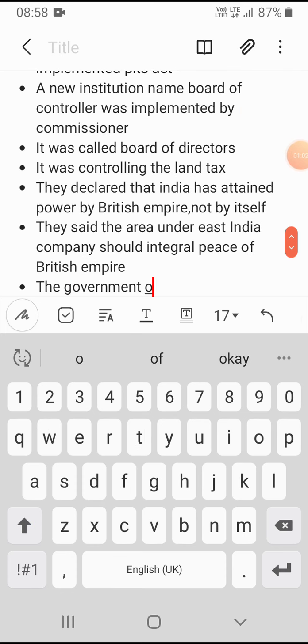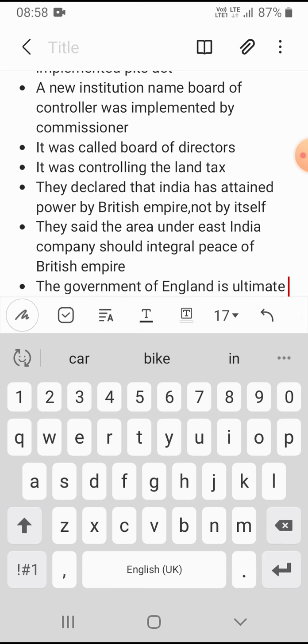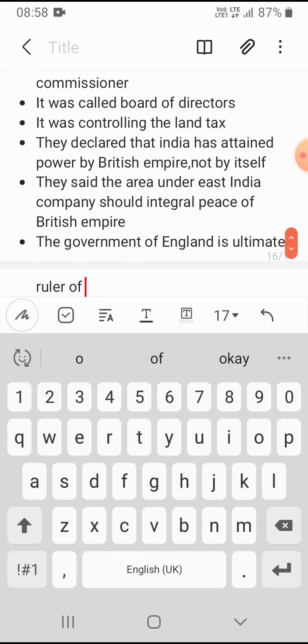They said the Government of England is the ultimate ruler of India.